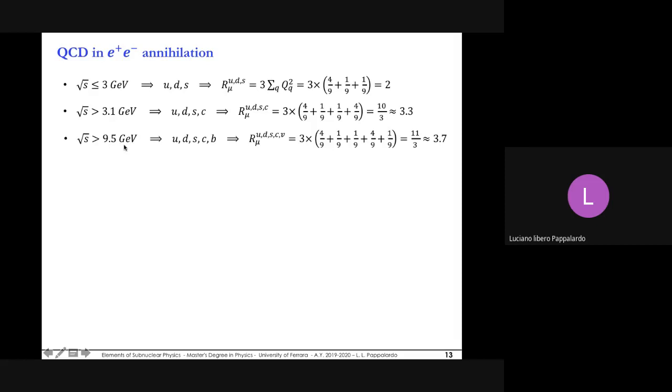If the energy is even above the upsilon states, so you are now able to open the channel for the bottom quarks as well, you add this additional last term here, which is the square of the bottom quark charge, and the result will be 11 divided by 3, or 3.7. Clearly it makes no sense to go beyond this because the top quark is far too heavy, and as we've seen, it will never hadronize, it will never be contained in a hadron.